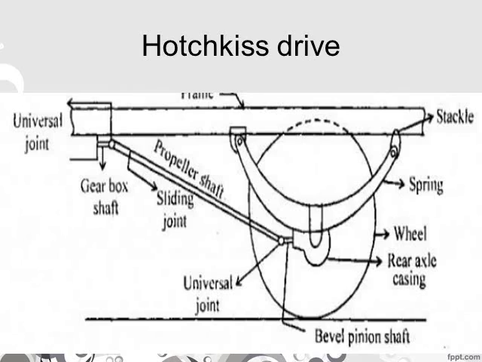O2 is the center of the rear universal joint. Since these two centers do not coincide, the distance between the front universal joint and the pinion shaft of the axle will alter during the up and down movement of the axle, and to accommodate this, the sliding joint is used in the propeller shaft. This is the working and need of the Hotchkiss drive.